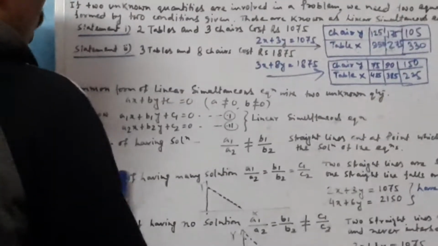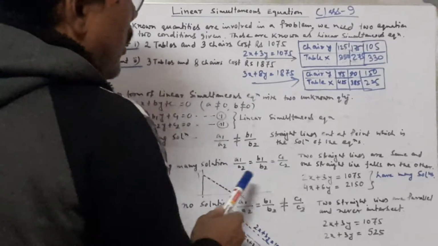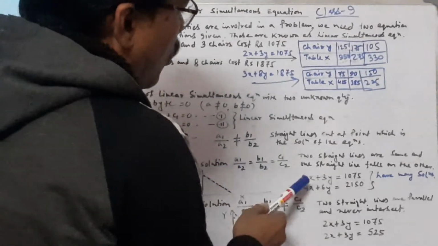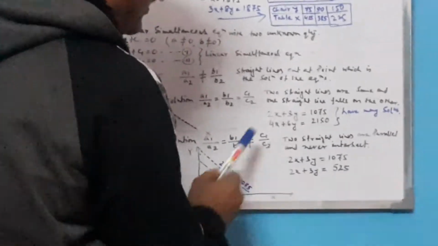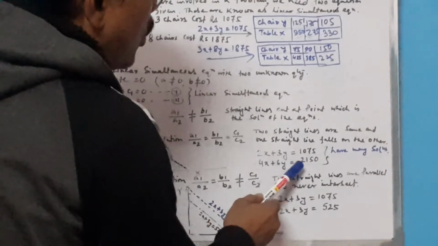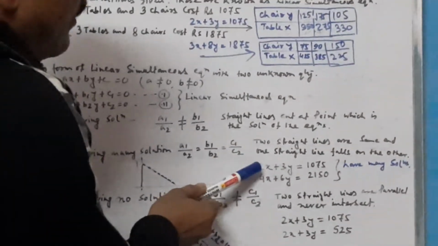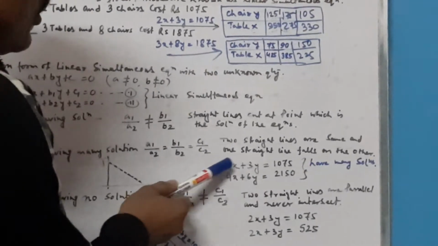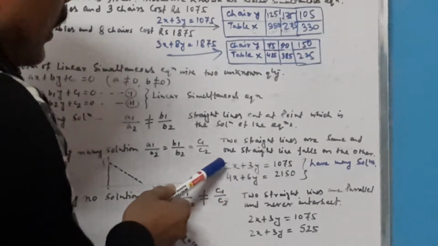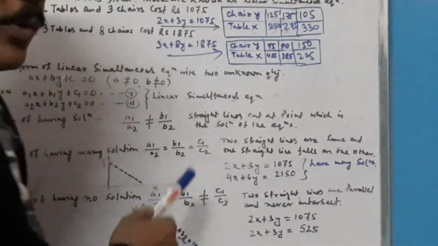Second is the condition of having many solutions. Suppose one equation is 2x plus 3y equal to 1075 and another equation is 4x plus 6y equal to 2150. It means if we multiply the first equation by 2 on both the left hand side and right hand side, the second equation is obtained.